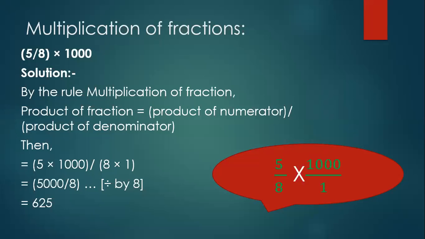To cancel out, there is one thing which is extremely important and very pivotal: one number has to be in the numerator and the other in the denominator, then and only then can we cancel out. So although 5 and 1000 can be cancelled, we can't because they both are in numerators.